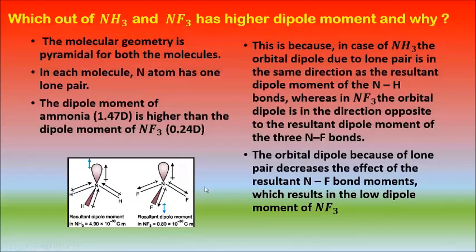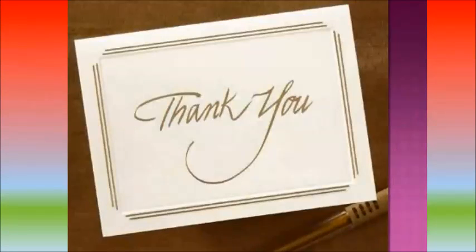The orbital dipole, because of the lone pair, decreases the effect of the resultant NF bond moments, which results in the low dipole moment of NF3. So this is how we can understand that NH3, ammonia, has higher dipole moment compared to NF3. Thank you. We'll continue in the next.